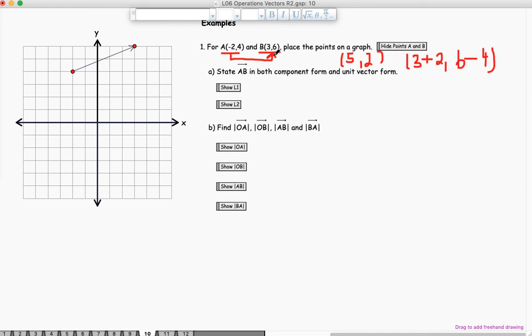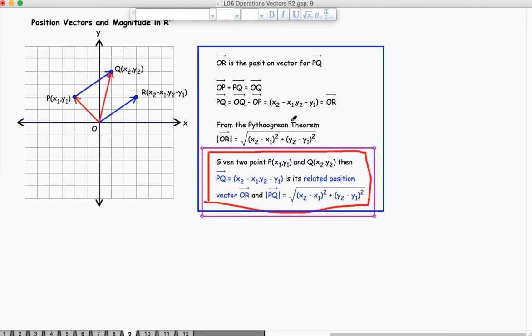Or we could just do x2 minus x1. Applying that formula, 3 take away -2, comma, 6 minus 4. So this one is direct application of this formula.